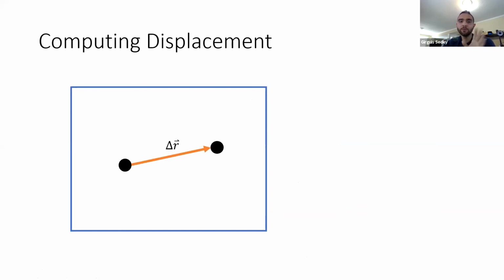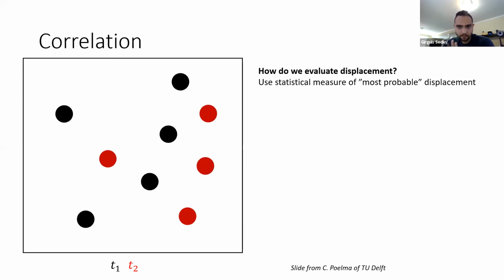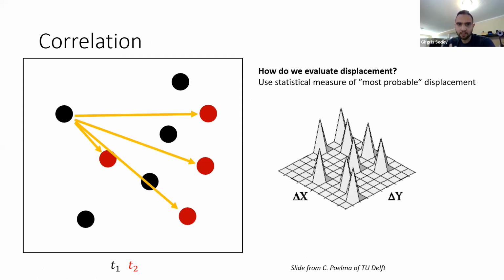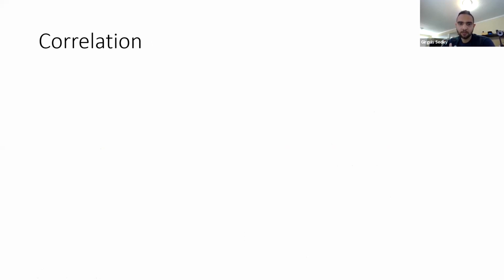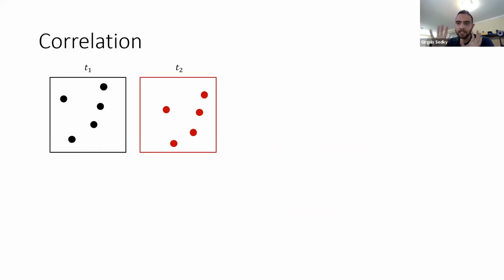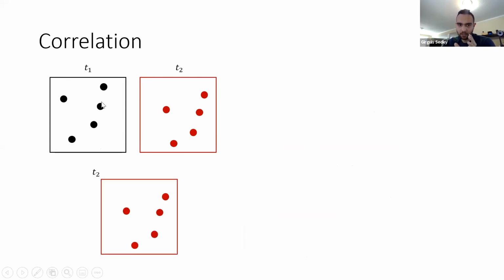Now, computing displacement of the particles is kind of technical, so I'm just going to skip that for now. But basically, the premise is that you take the same window at two different times. Then you take the first window and you start shifting it around until it matches the second window.